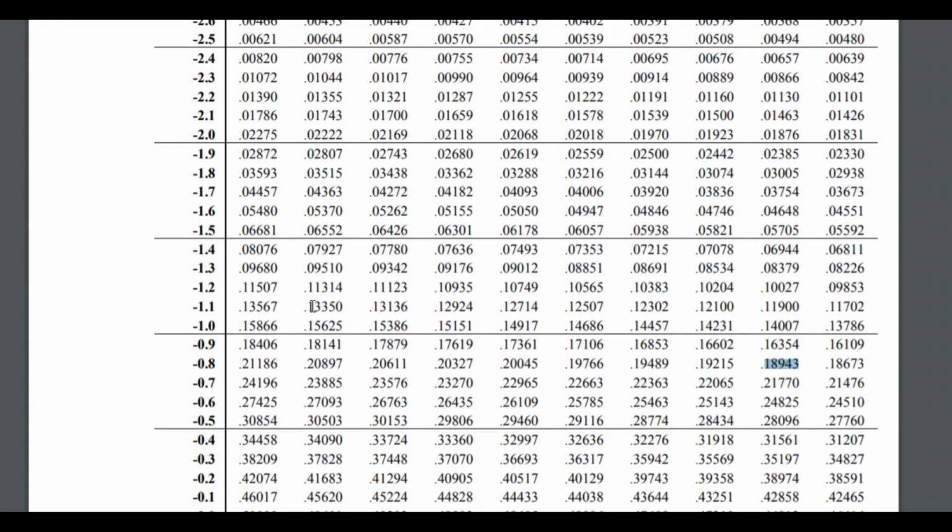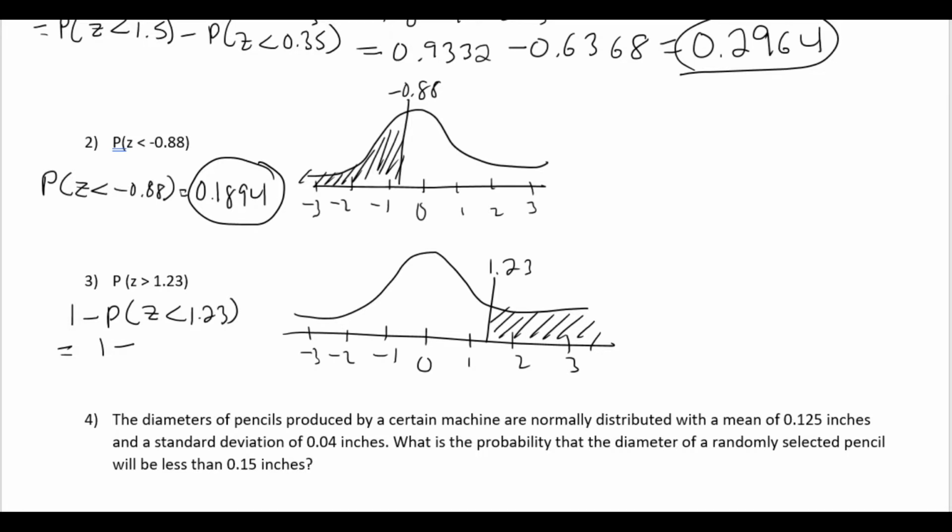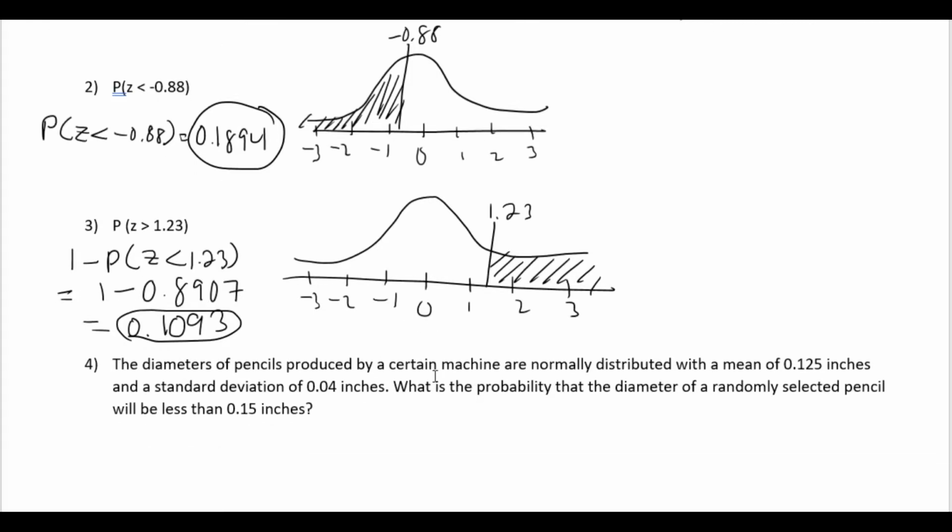So 1.23 is 0.8907, which gives us 0.1093 if we subtract those. All right, and that's it for number 3.